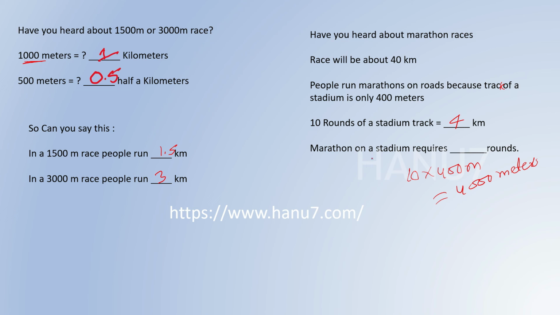So a marathon race in a stadium requires how many rounds? It is 100 rounds. 4 kilometers for 10 rounds, so 40 kilometers is 10 into 10, which is 100.